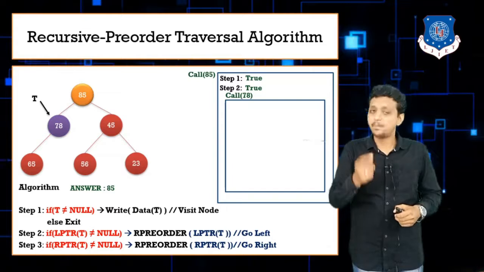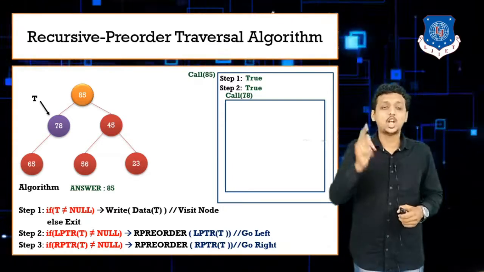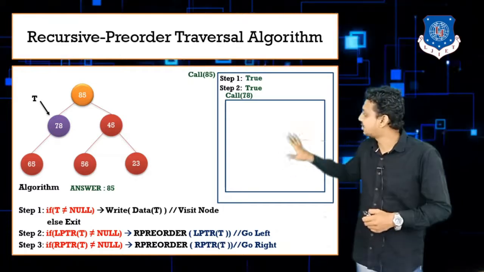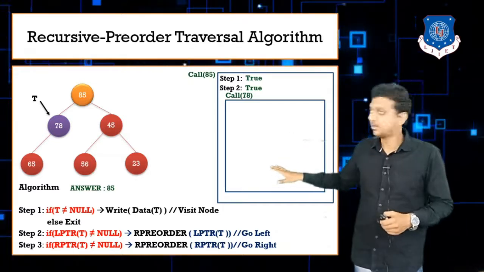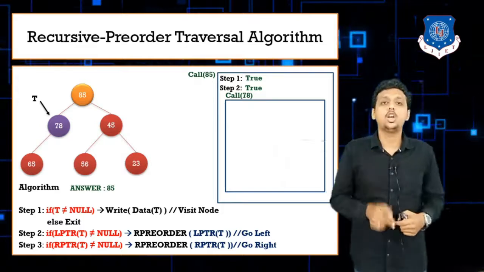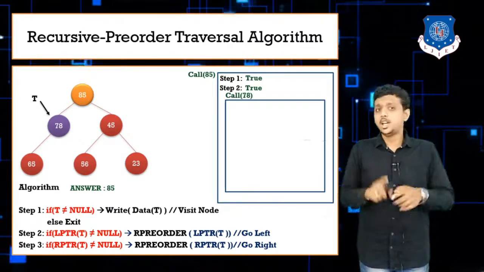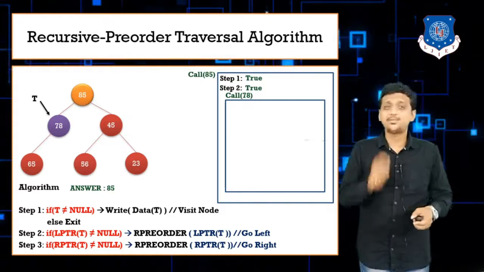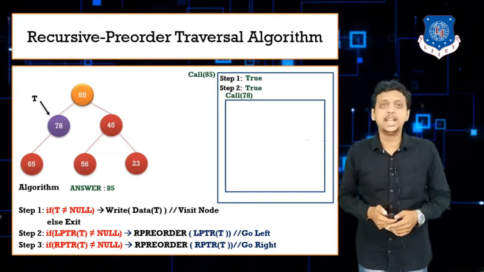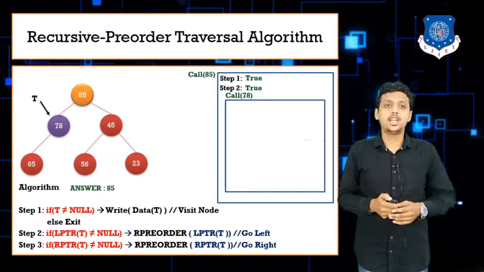If you remember the application of stack, we apply the stack on recursion, or we can say recursion uses stack. This inner box shows another function call for node 78. Fine. So let's go further to the next step.